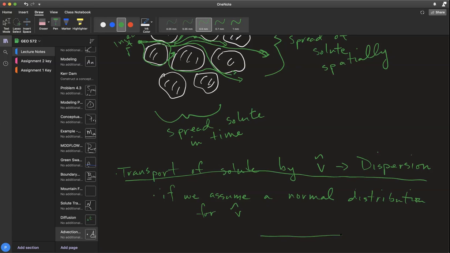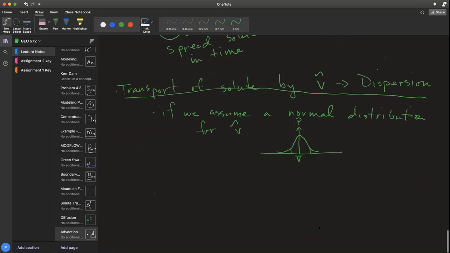And a normal distribution, remember, would look like this. It's a bell curve. This guy here would be V bar, and this would be my probability. All right, and I'd have a bell-shaped curve of V hat around V bar.